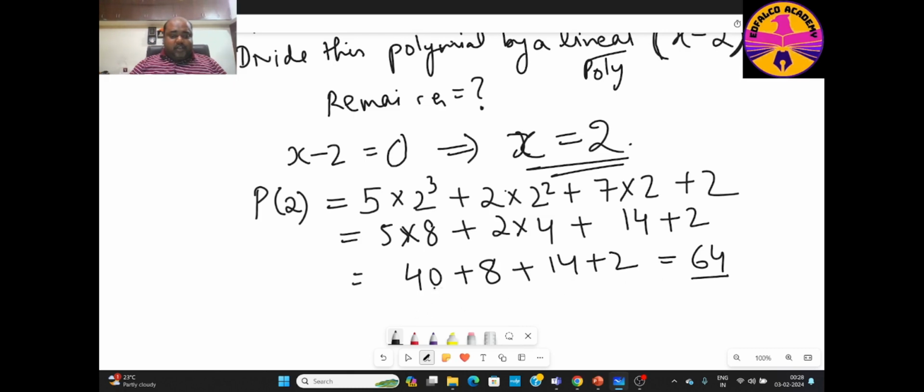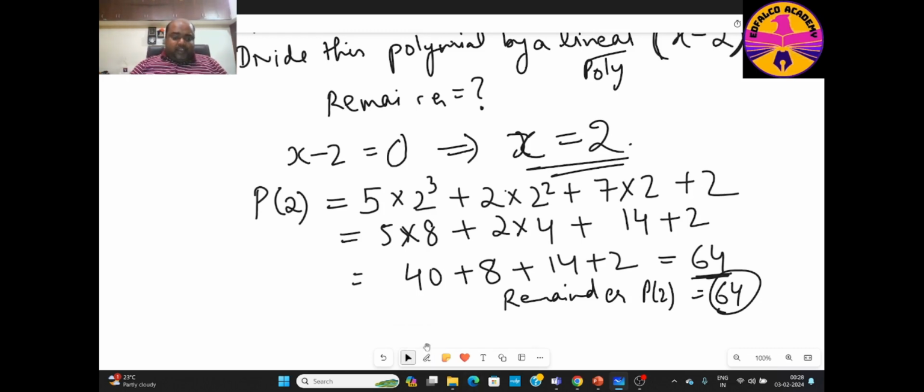Just check that I have done it right. 40 plus 8 is 48, 48 plus 10 is 60, 14 is 62, plus 2, 64. So 64 is the value of this polynomial at x is equal to 2. And what this theorem is telling is that the remainder will be nothing but p of 2, which comes out to be 64. So 64 is the remainder that we are going to get, provided we divide the given polynomial by x minus 2.